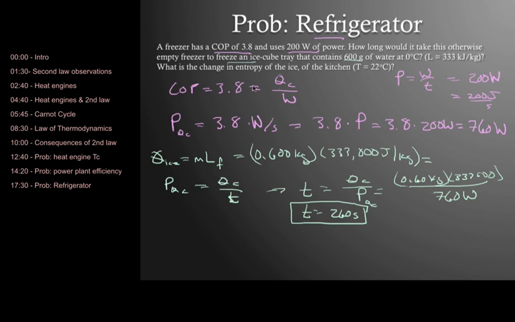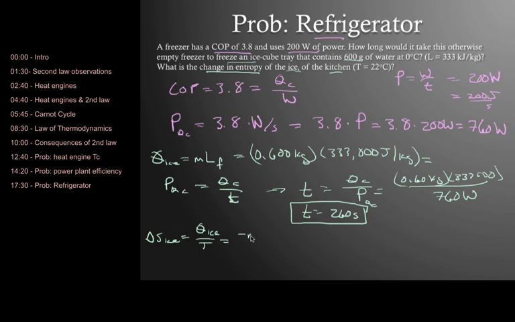So now we can ask, what's the change in entropy of the ice and of the kitchen? So delta S of the ice is going to be equal to the Q of the ice all over the temperature. All these temperatures need to be in Kelvin.